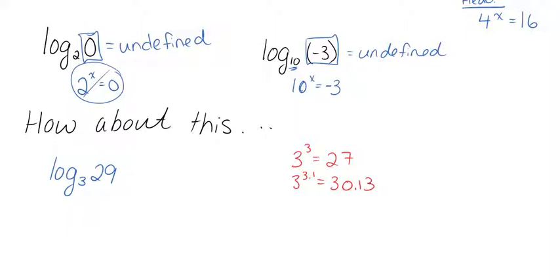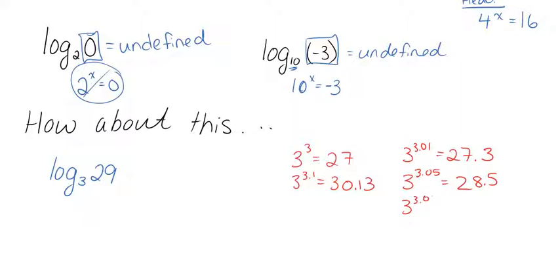So then I could say, okay, what about 3 to the power of 3.01? So 3 to the 3.01 is 27.3. So I'm like, okay, what about 3 to the power of 3.05? And I get 28.5, so it's closer.